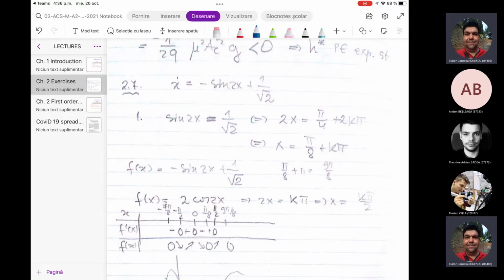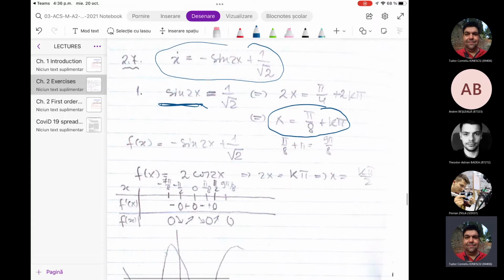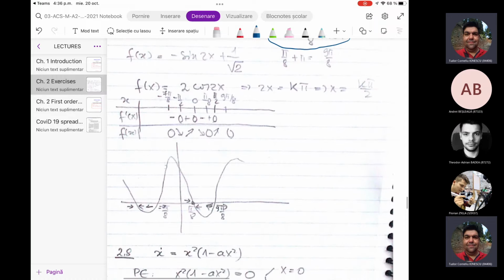You have also this exercise here, okay? So you have multiple equilibrium points here because of the sign, just like the pendulum. So the equilibrium points in this case are of this form, okay? And when you take the graph, you see that they all follow one another.